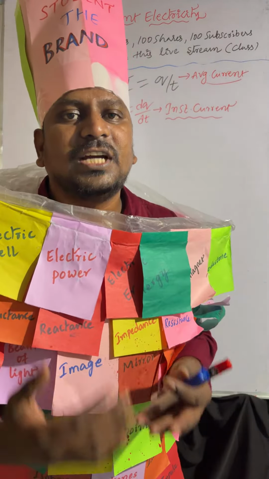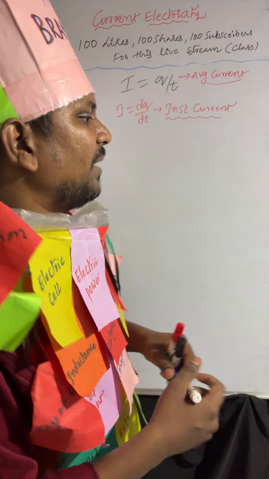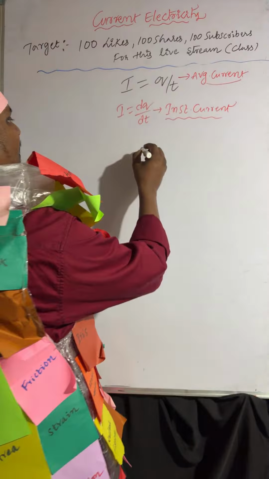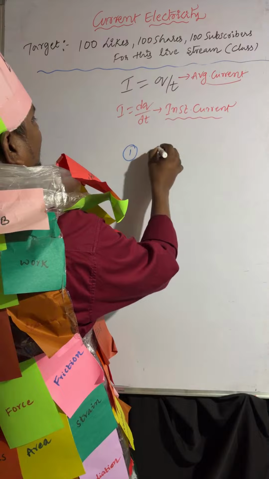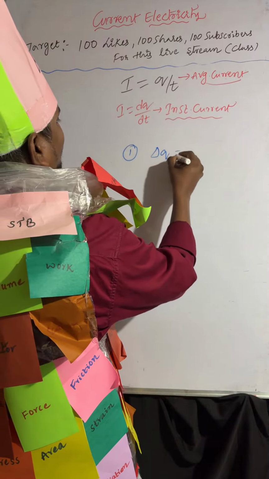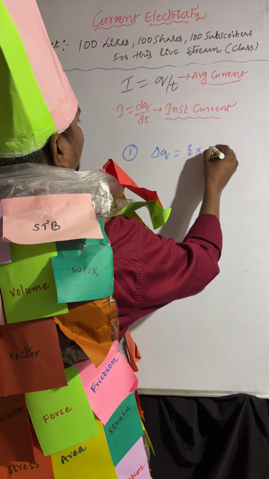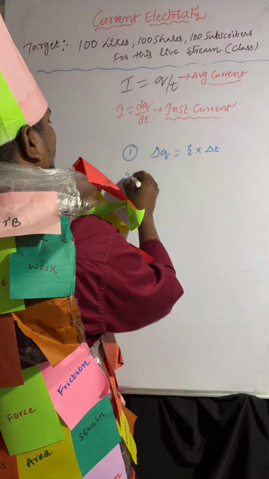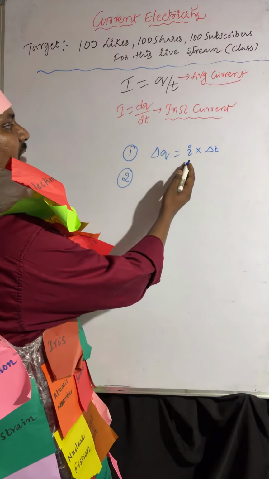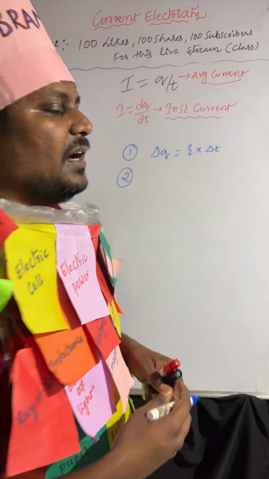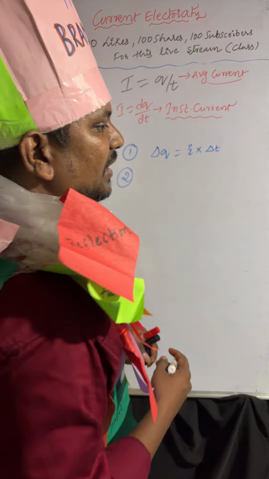The flow of charge can be obtained by multiplying constant current with the time interval. So first one, delta Q equal to I into delta T.